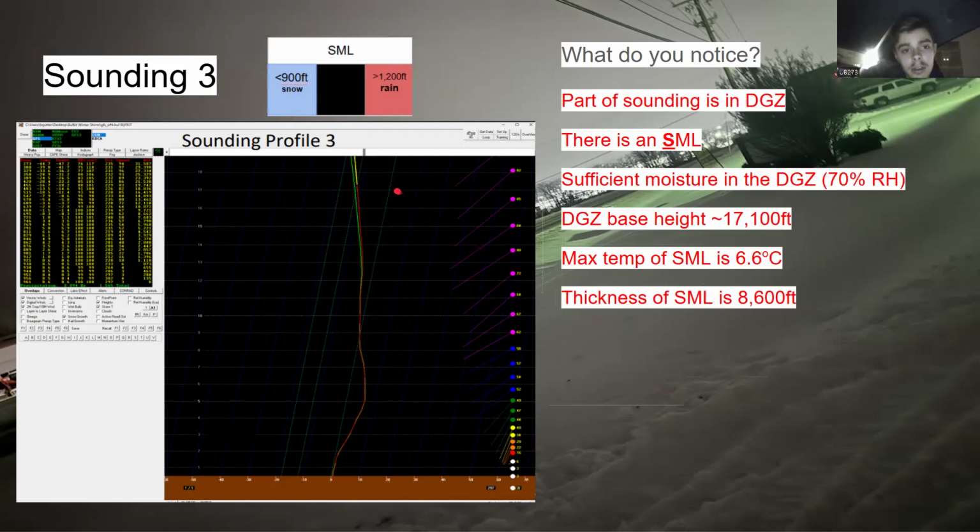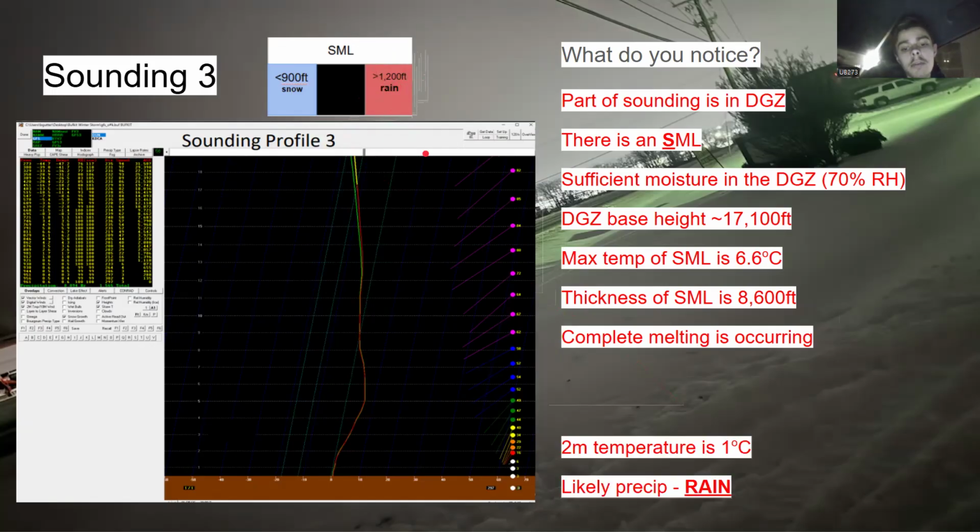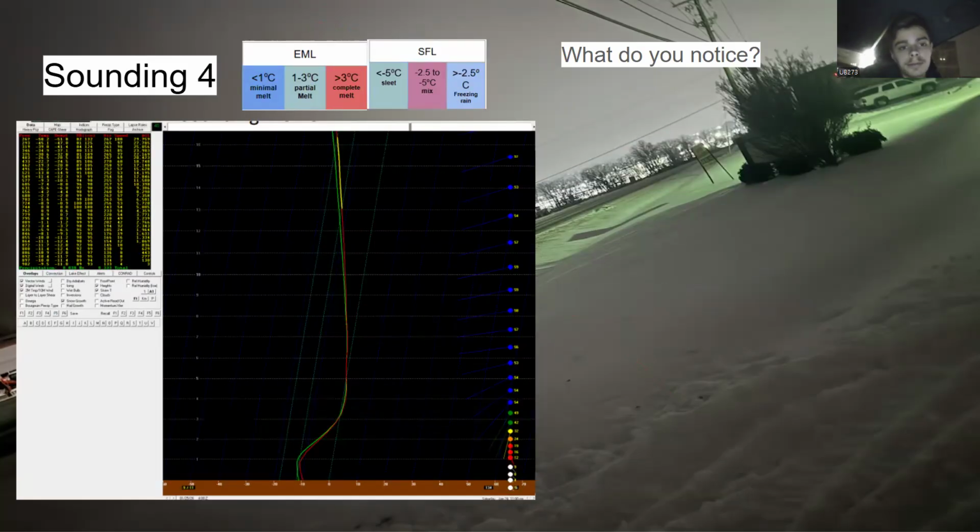Thickness is going to be 8,600 feet. That is too big for there to be snow, so it's complete melting, and we have rain that's going to happen in this one. But if our surface melting layer was only 900 feet, then in that case, it would be snow. All right, right here, there's the elevated melting layer this time, but very shallow.